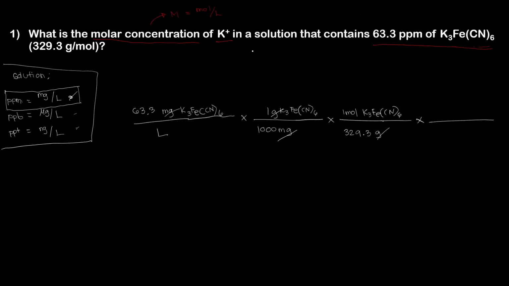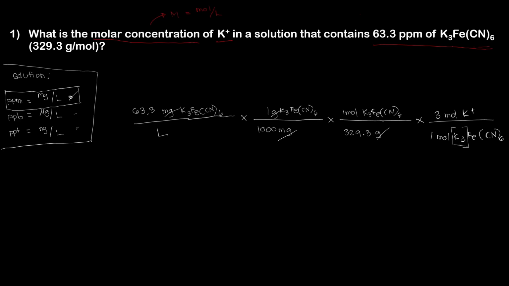This time, we can relate this K₃Fe(CN)₆ with the potassium ion through the stoichiometric coefficient, right? So 1 mole of K₃Fe(CN)₆: how many potassium ions are there in 1 mole of K₃Fe(CN)₆? 3, right? Because we'll be focusing on K only. So there are 3 K, or potassium ions, in K₃Fe(CN)₆. So this would be 3 mole K+.